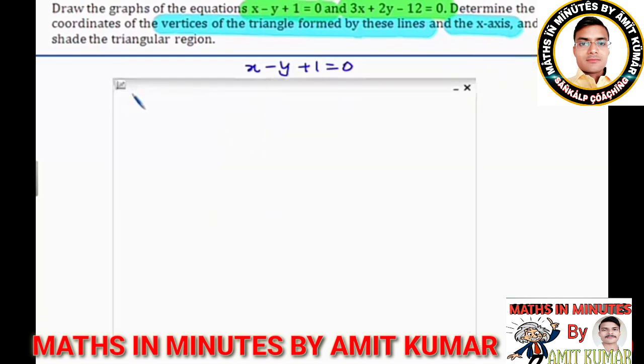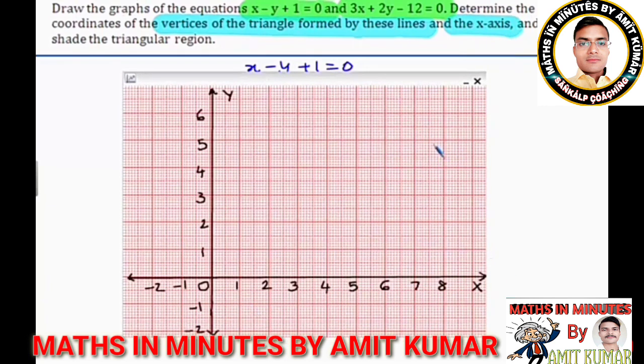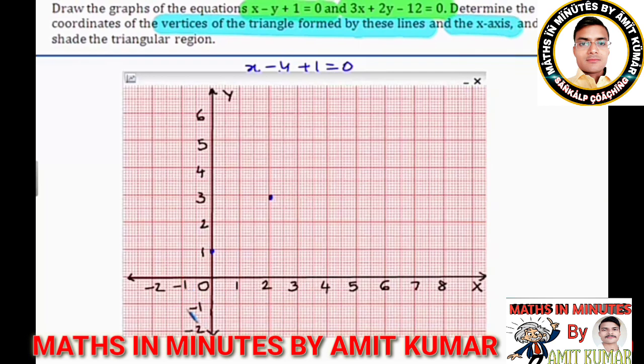Let's plot. We have the first coordinate 0 comma 1, and the second one is 2 comma 3, and the third one is minus 1 comma 0. Now let's draw a straight line meeting all three points, which is this one.